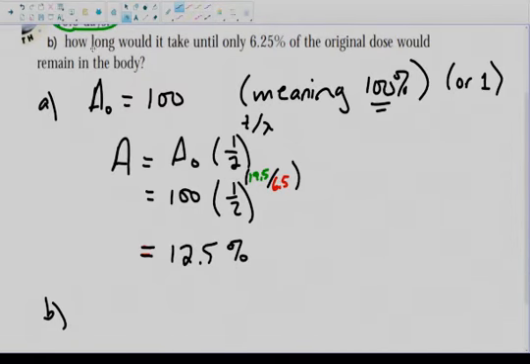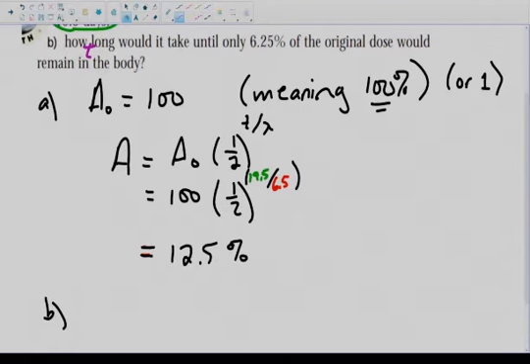I'm trying to break down the word problem here, because a lot of students get really upset about word problems, but if you break it down into little pieces, it's easier. So we're looking for a time value in this question. Well, where is the time value in our equation? The time value is up in the exponent. So we're going to have to isolate that exponent.